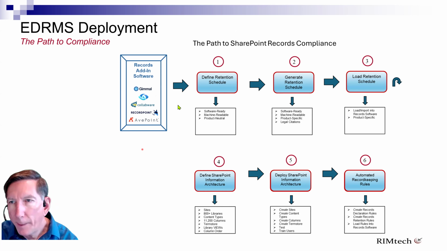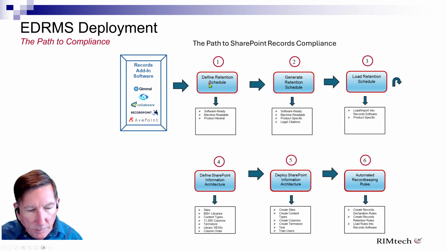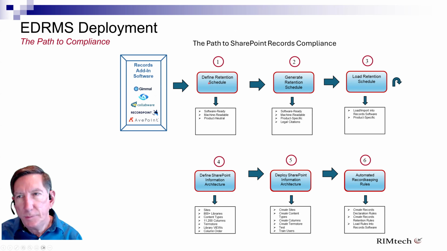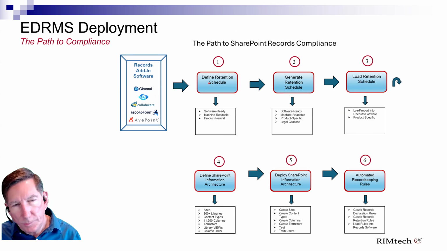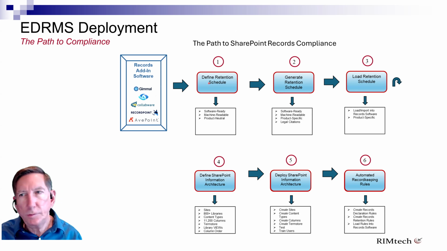So here they are. Number 1, take your retention schedule and redesign it. Okay? You're not changing your retention rules, but you're restructuring the retention schedule. You're changing it into a spreadsheet. You're putting certain structure to it so that it can be read by your record software.